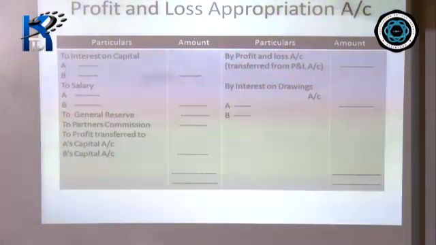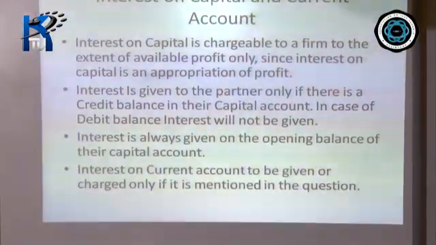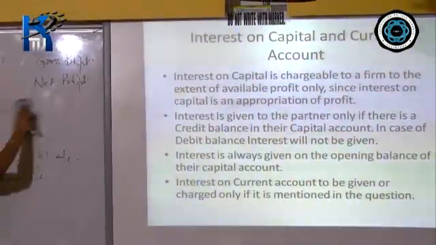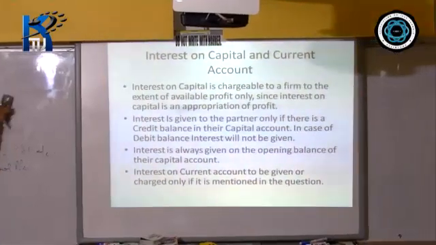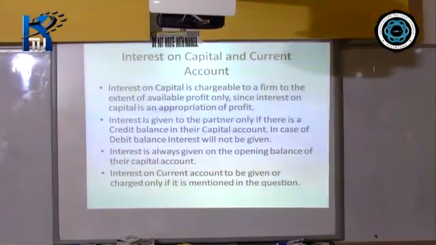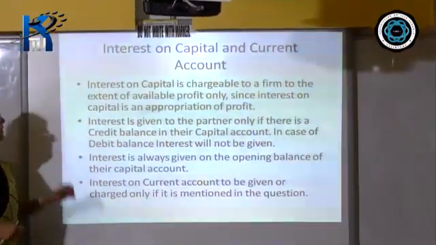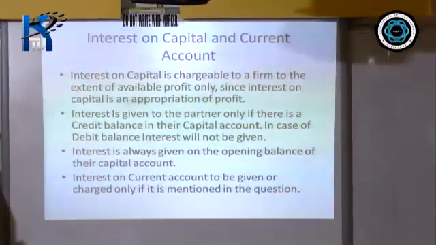Now, interest on capital is the next topic which we will be taking up, because unless and until we know how to calculate interest on capital, we will not be able to make the P&L appropriation account. Now, on interest on capital, there are certain basic rules which we need to follow.